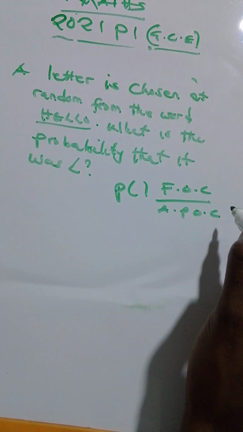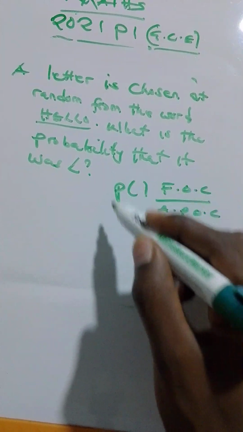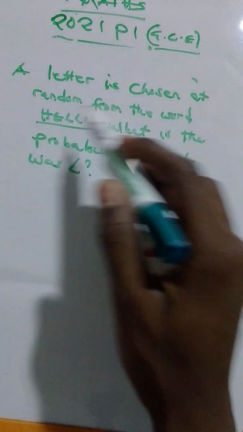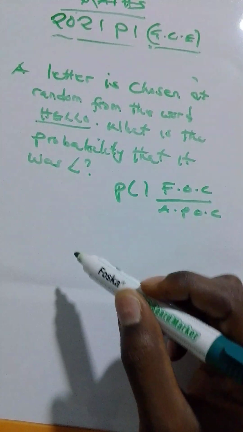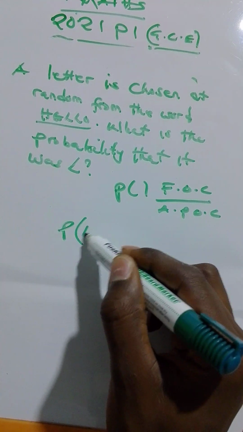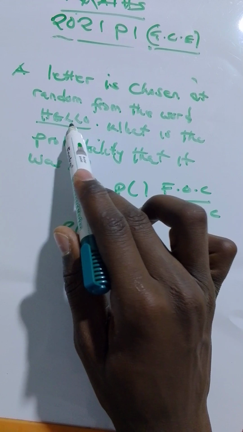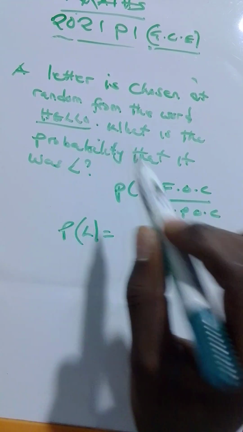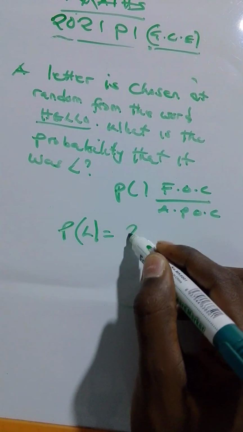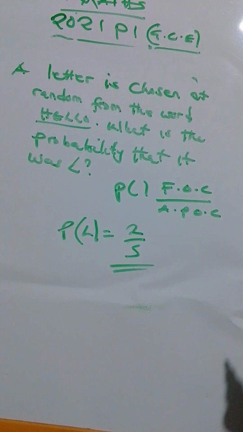So in this situation, the favorable outcome was L. So probability of L is equal to, so in this word, how many L letters do we have? We have 2. So it was 2, then the total was 5. So that was the probability, 2 over 5.